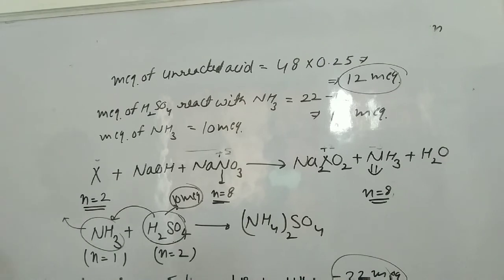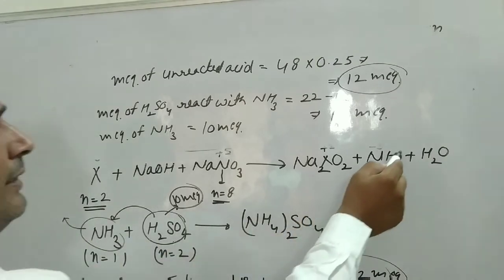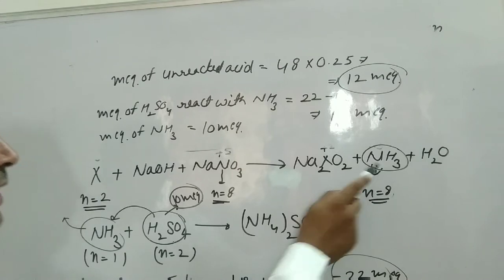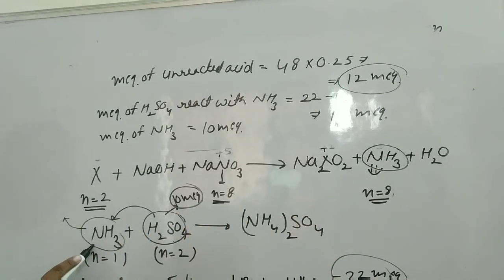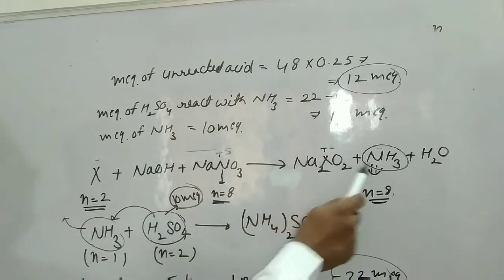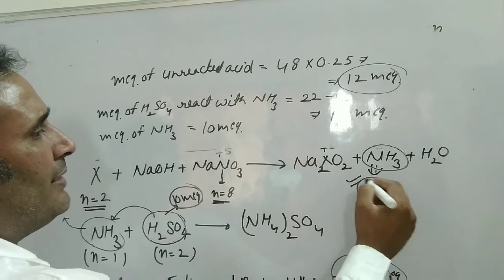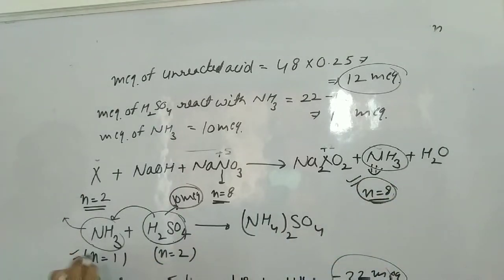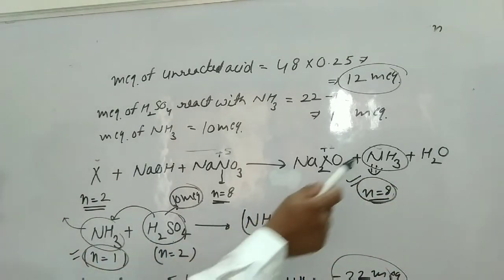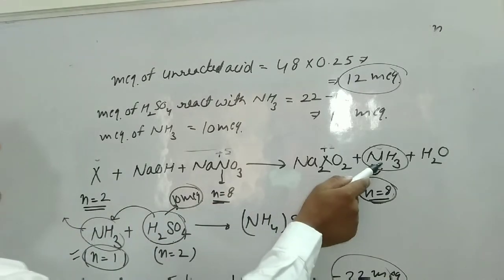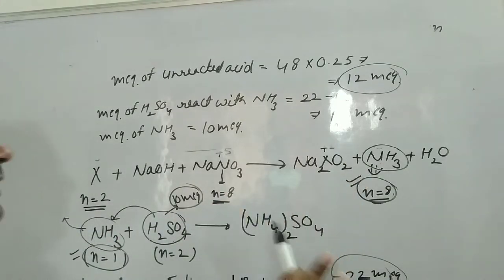Now we can't say that the milliequivalent of NH3 produced and the milliequivalent of NH3 reacting with H2SO4 are equal. Why? Because here the N factor of NH3 is 8 and there the N factor of NH3 is 1. So it's not true. Correct?